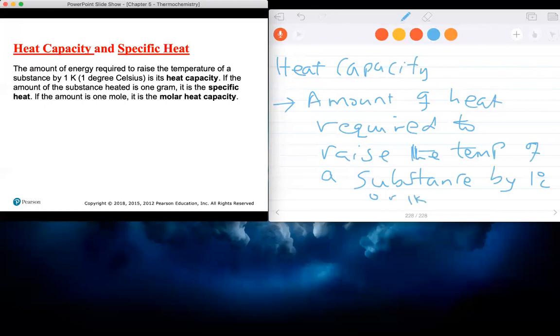Here in heat capacity, you do not specify the amount. Now, when we say molar heat capacity, that means the heat required to raise 1 mole of a substance by 1 degree. You're going to talk about the molar heat from the word mole.